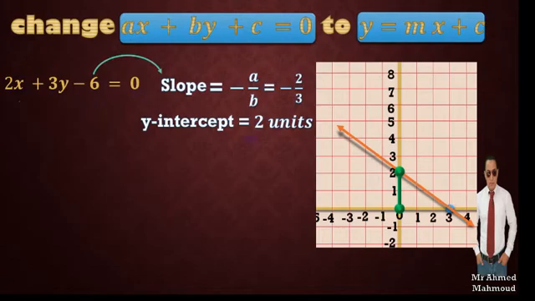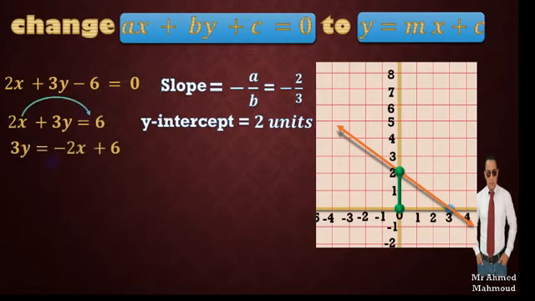Now I will teach you how to change this form into y equals mx plus c. I will start with the equation again by sending negative 6 to the other side: 2x plus 3y equals 6. So I will send 2x there. It will be 3y equals negative 2x plus 6. So I will send 3 there by dividing.